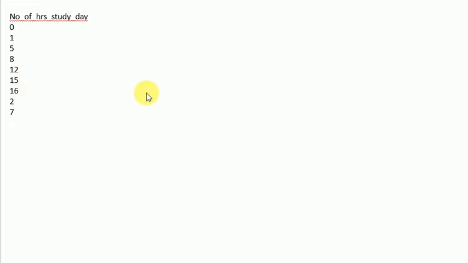Looking at this data, I have the objective to identify how I can make groups of the students on the basis of the number of hours they study per day.